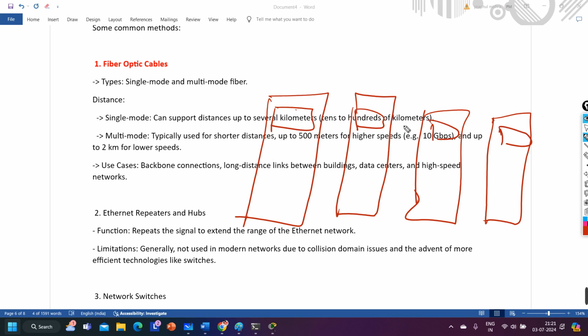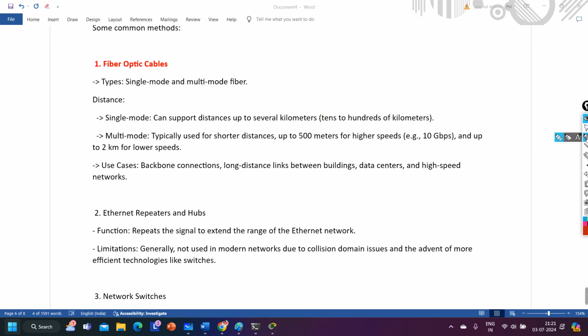So how are you going to connect all these core layer switches together? With the help of optical fiber. Which type of optical fiber? Multi-mode optical fiber. Right? No, not RJ45.